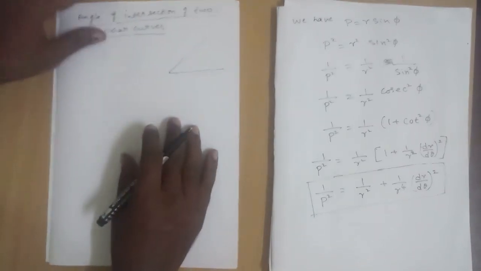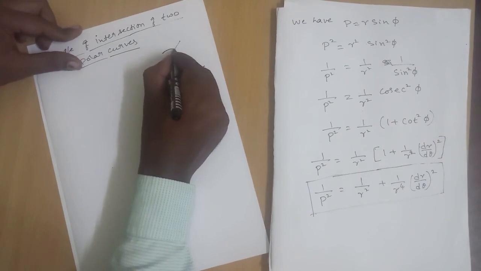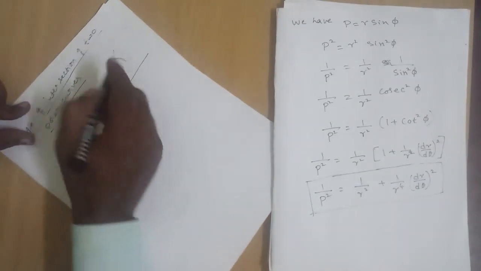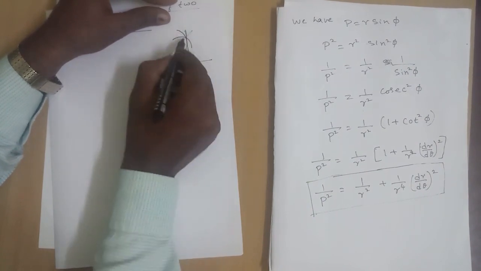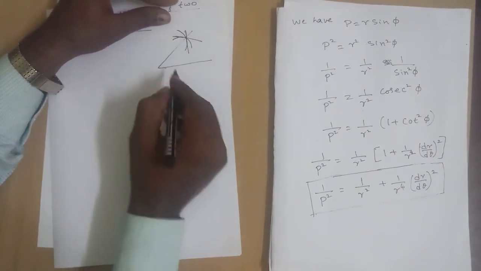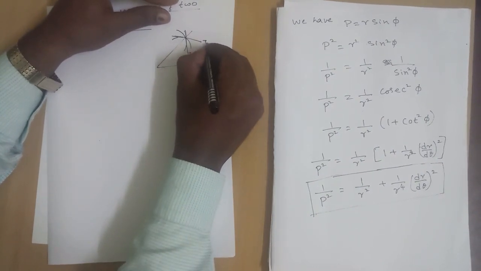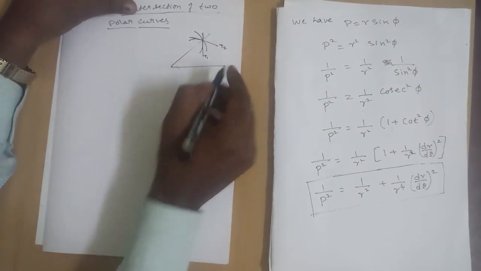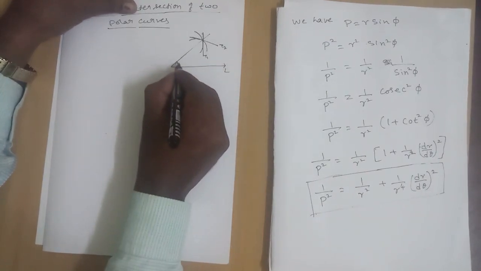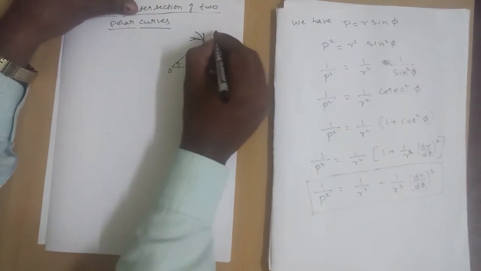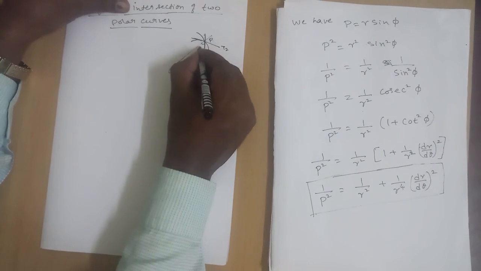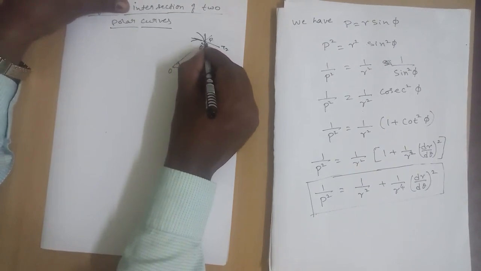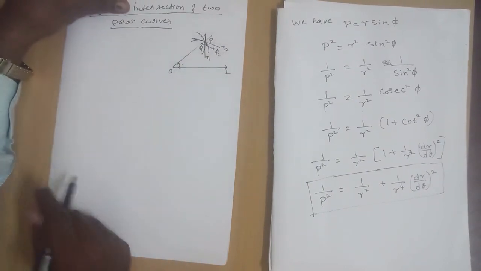Here from this point I consider one curve and another curve. Here this is the tangent for this curve, and for the other curve this is the tangent, so I'll call this one as T1 and this one as T2. So I call this one as L, it is theta, so it is O, and here this point is P. I'll take this one as phi 1 and this as phi 2.